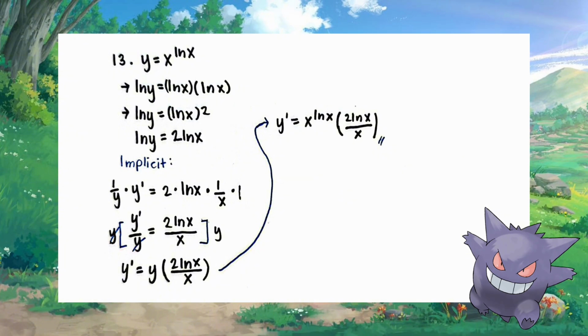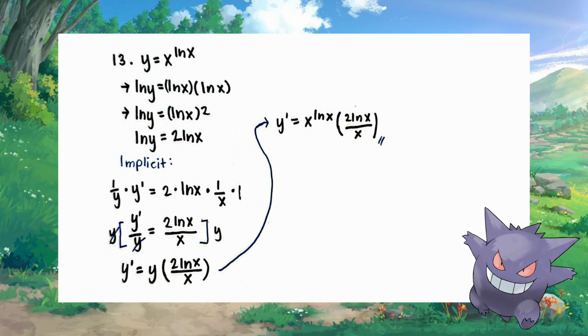And then implicit differentiation, we will get the derivative of both sides. The derivative of ln of y is equal to 1 over y times the derivative of y, which is y prime, is equal to, on the right side, 2 times ln of x times the derivative of ln of x, which is 1 over x times the derivative of x, which is 1.